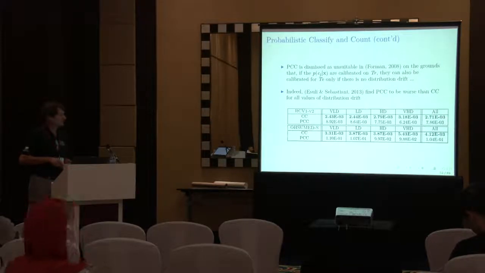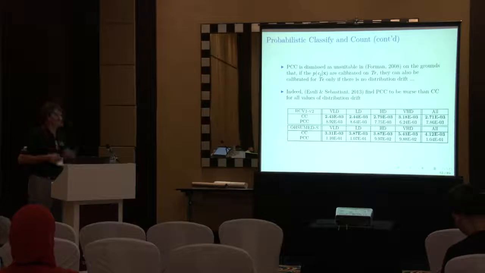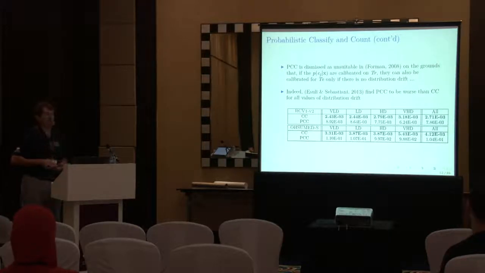Here you can see that in all of the 8 cases, classify and count outperformed probabilistic classify and count. So this, in a sense, tends to say that George Forman's intuition was correct. Good question: what numbers are these?